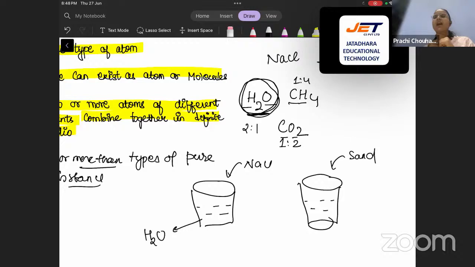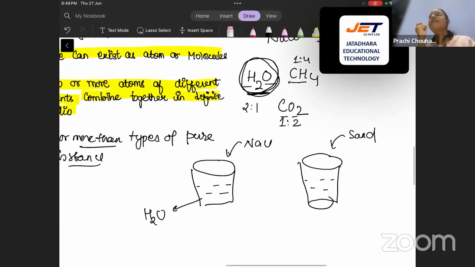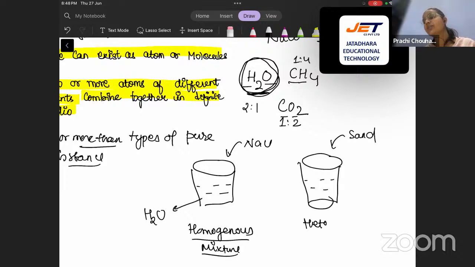Now, what's the difference between these two mixtures? In chemistry, we have specific terms to distinguish these two kinds of mixture. This is a homogeneous mixture, and this is a heterogeneous mixture.